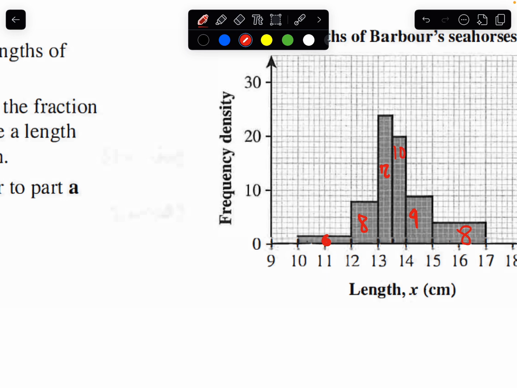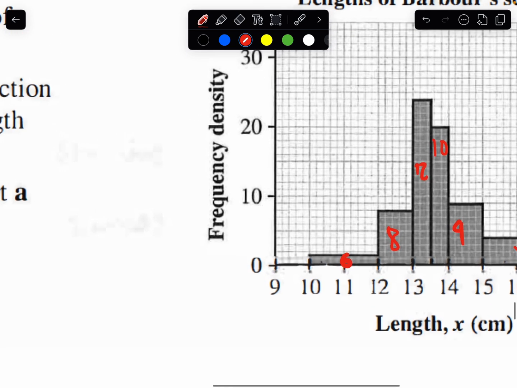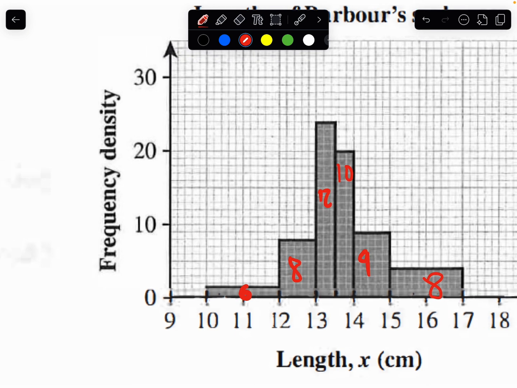Now if I've done everything right, these should add up to give 50, because we know there's 50 seahorses. 6 plus 8 plus 12 plus 10 plus 9 plus 8 gets me 53, so something's definitely gone wrong. Let's just double check that these heights are right. 21, 2, 3, 4, so 24 times a half is 12. This one here is definitely 10. 20 times a half is 10.